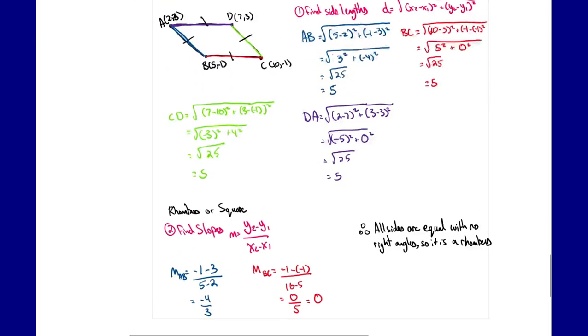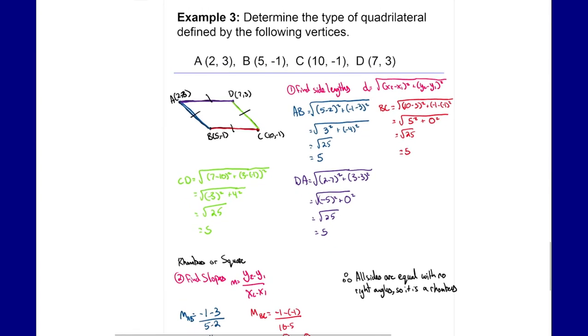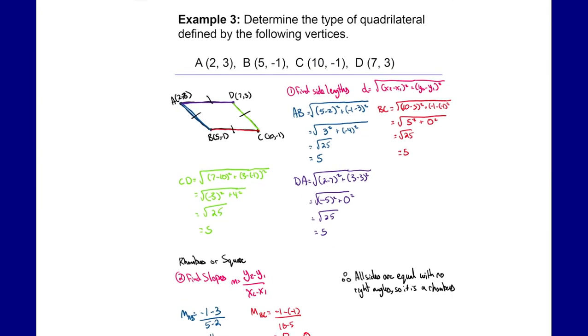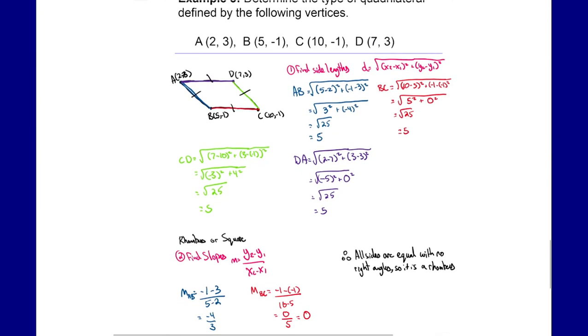So from this lesson, a lot of it was just going through and verifying or looking at the different properties to determine what type of triangle or quadrilateral it is, using the concepts we've previously looked at: side length, midpoints, slope. We didn't really use any midpoints in this case, but we have applied midpoint formulas in previous lessons, so that may be something you have to do.